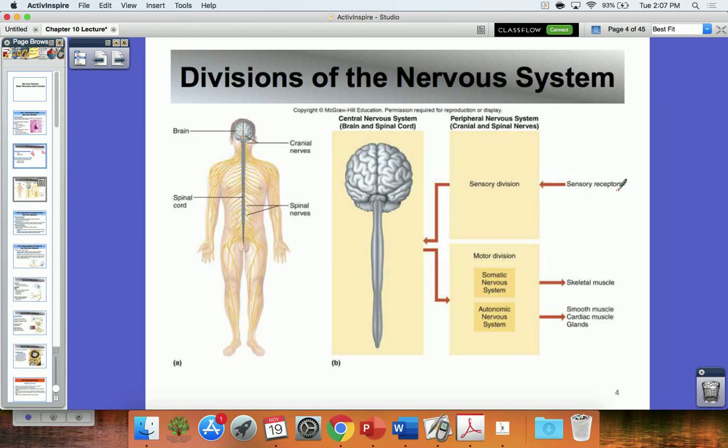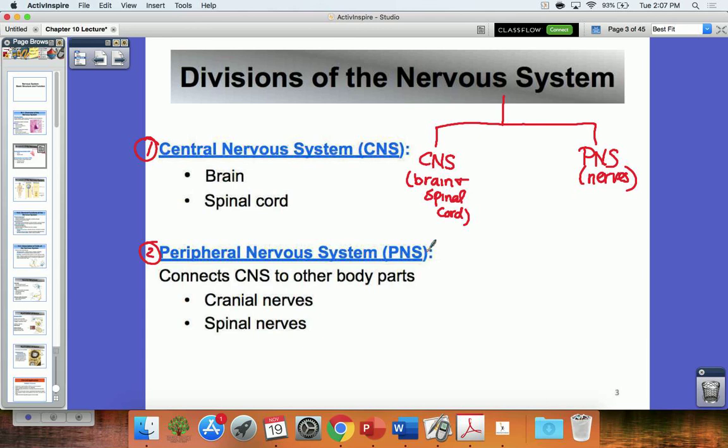Okay? And we can also subdivide those divisions a little bit farther. I'm going to take this chart and turn it around, going back to where I had this here. The PNS can actually be subdivided a little bit farther into two.